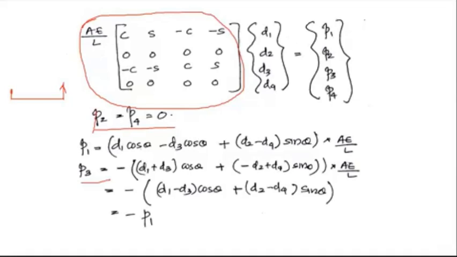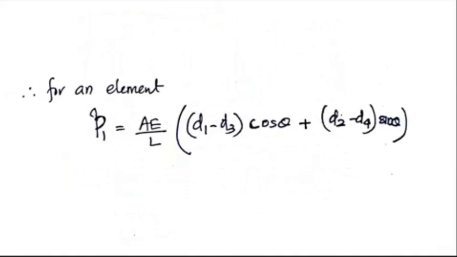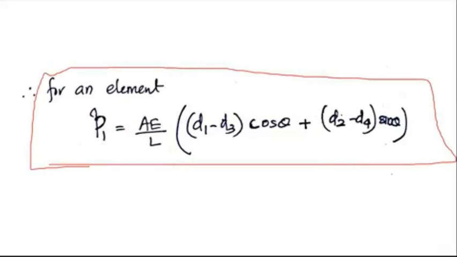And you can write it as D1 minus D3 into cos theta plus D2 minus D4 into sin theta. And similarly, when I write the equation for P3, you will get minus of this, or P3 will be equal to minus of P1.